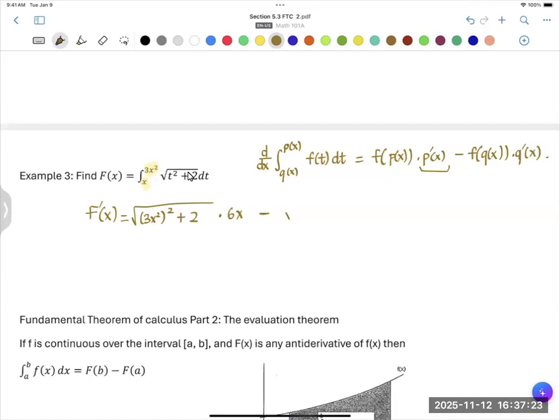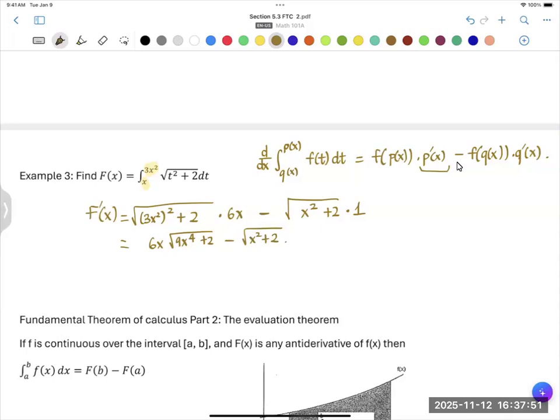Minus the square root of x squared plus 2 times 1. Okay, and the result will be 6x times the square root of 9x to the power 4 plus 2, minus the square root of x squared plus 2.